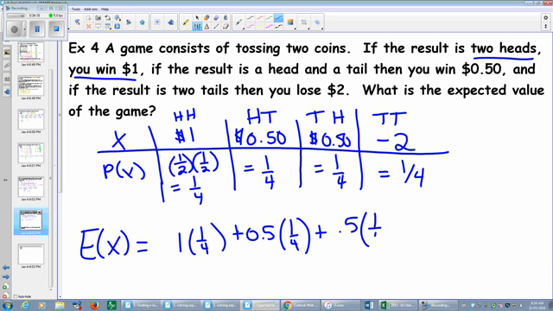Good. Plus what, Natalie? Good. So I don't actually have to write a plus. I would write -2 times 1/4. Mike, when you put all of that in your calculator, what did you get? 0. So you are expected to win $0 in this game if you play.